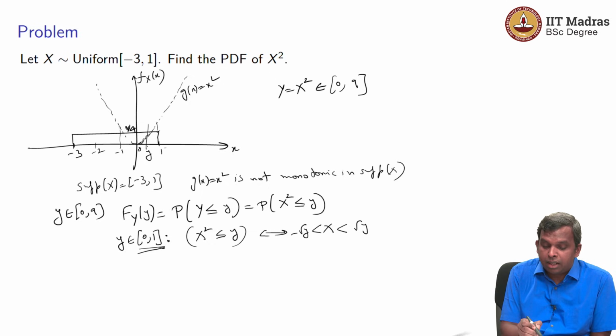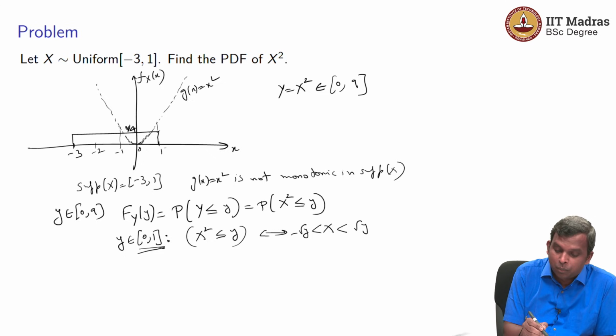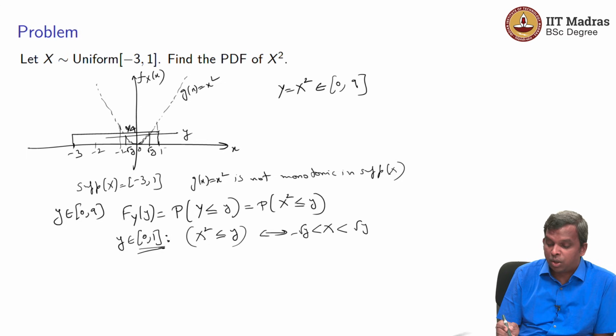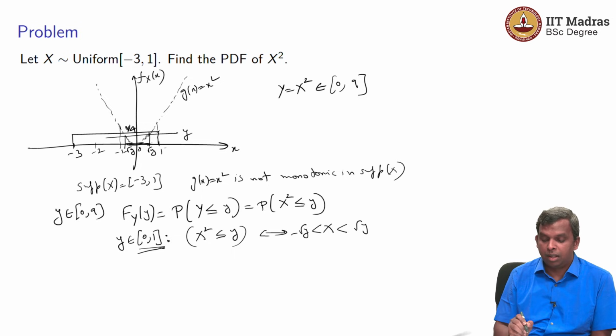If you pick a y here, this would be root y, this would be minus root y. If you want g of x to be less than or equal to y, then x is between minus root y and root y. So that's the picture that you have to draw.